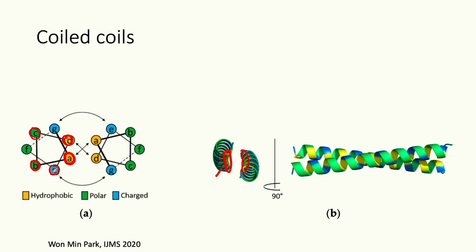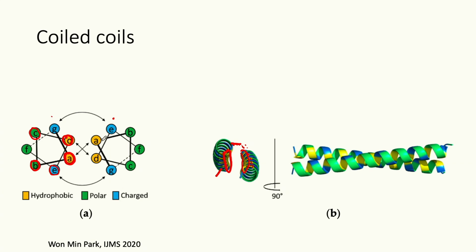Then E would be charged, and the reason it's charged is because it's going to want to make some sort of strong interactions between these two residues that are not buried, that are going to staple the two helices together, right? And so this one is going to have a charge, and it's going to be interacting with this one on this partner helix.